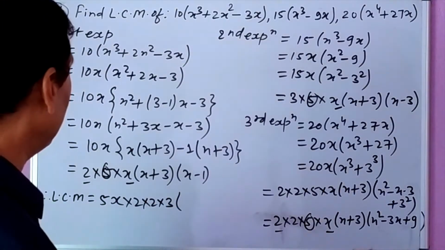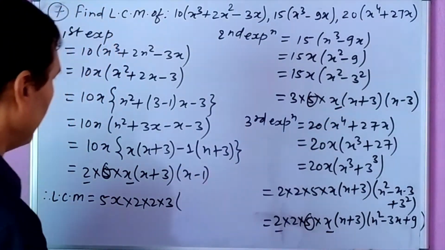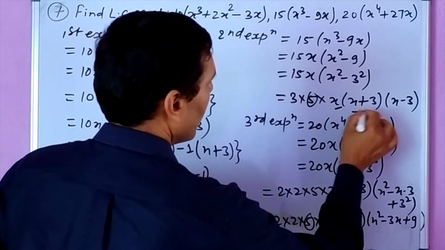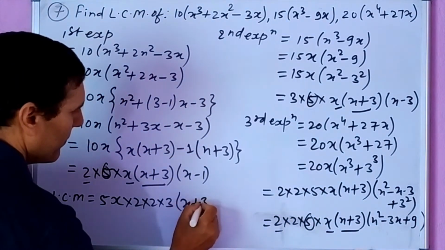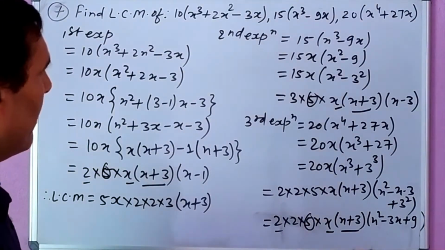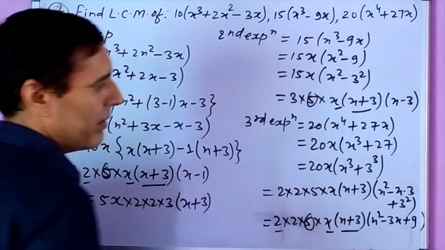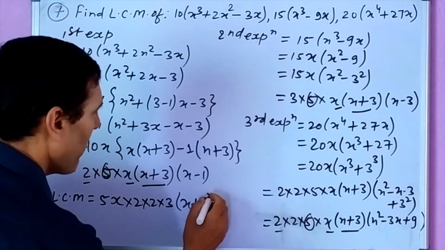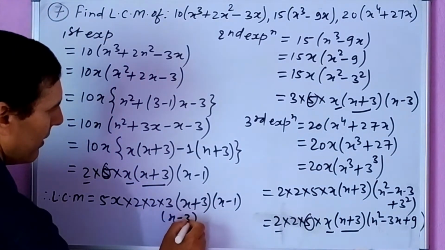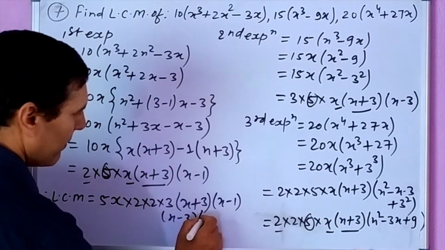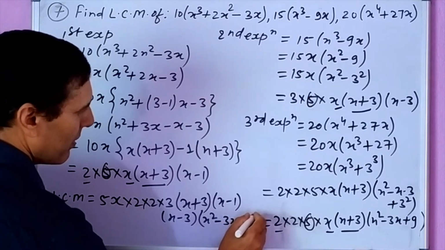Now inside the bracket we have x plus 3 in all three expressions, and we don't have any other common factor. This x minus 1 here, x minus 3 here, x square minus 3x plus 9, these are the remaining factors.